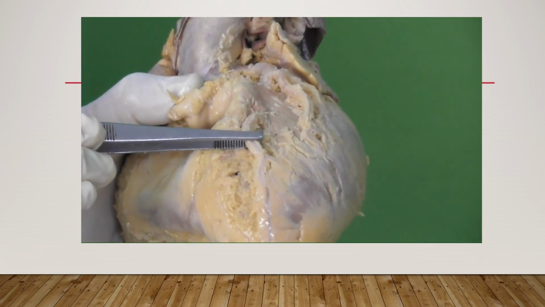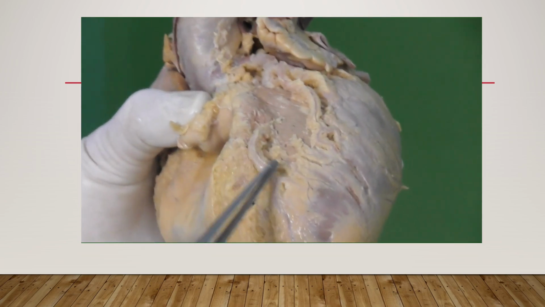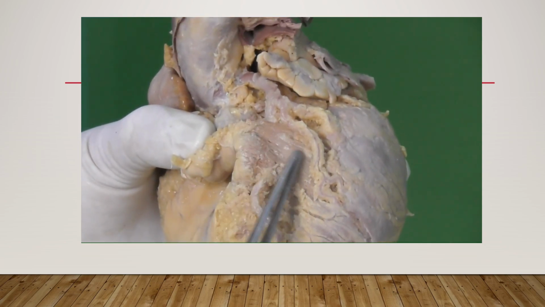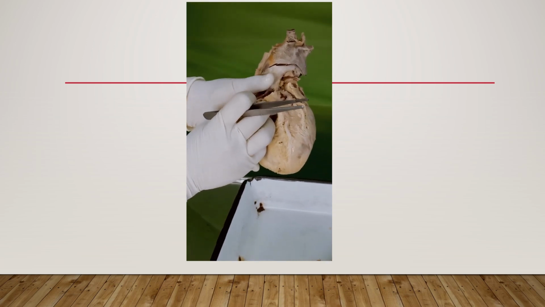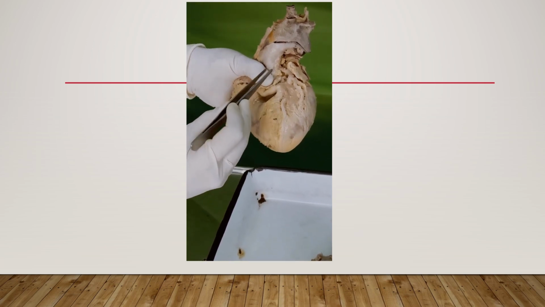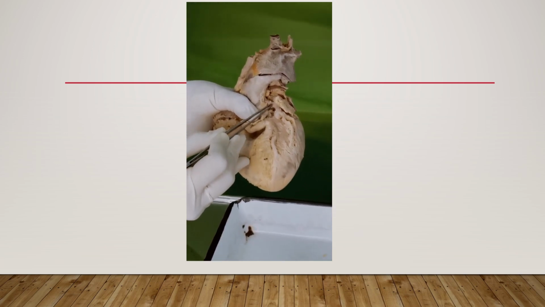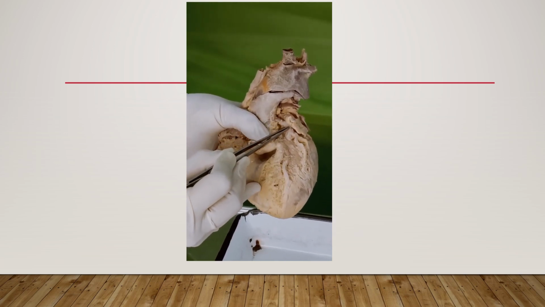Usually it is accompanied by the great cardiac vein. In this specimen we couldn't get the great cardiac vein, but here you can very clearly see the left coronary artery.